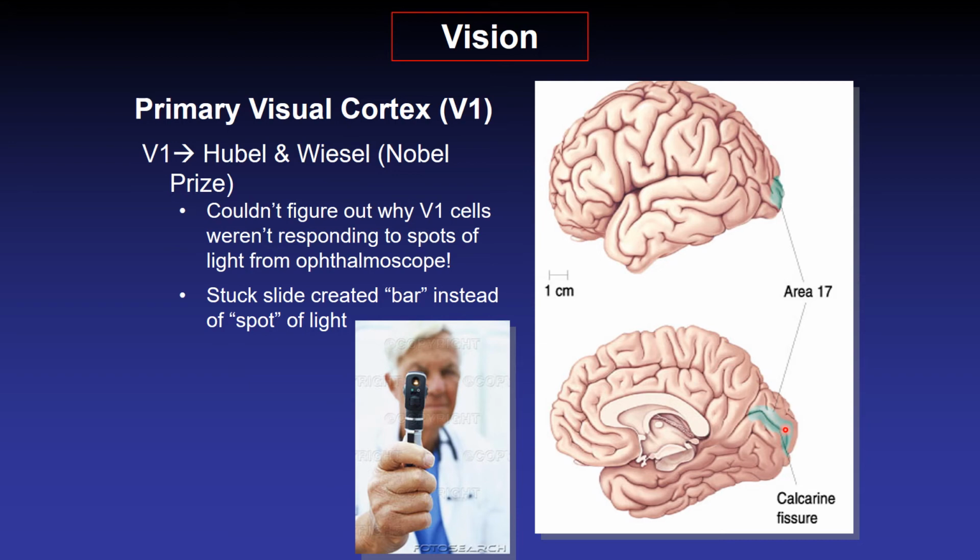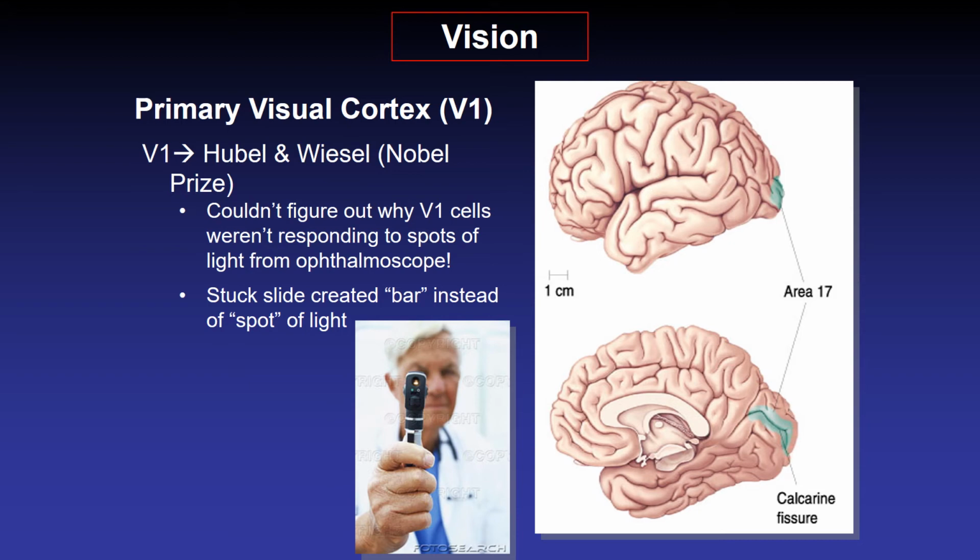So they decided, well, let's change the size of the dot that we're shining on the retina. If you recall your physician using an ophthalmoscope, it has a dial on it that can make either a small circle of light or a large circle or anywhere in between. So they started adjusting the size of that spot of light, and that wasn't helping the neuron fire at all.